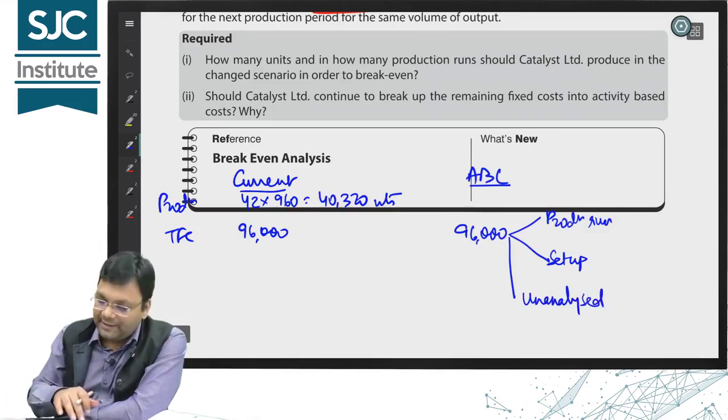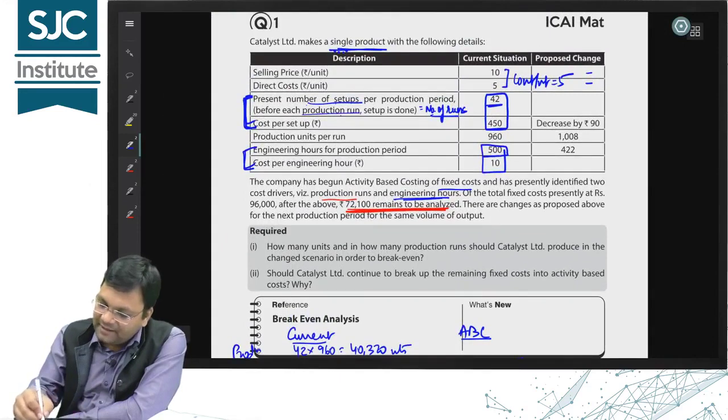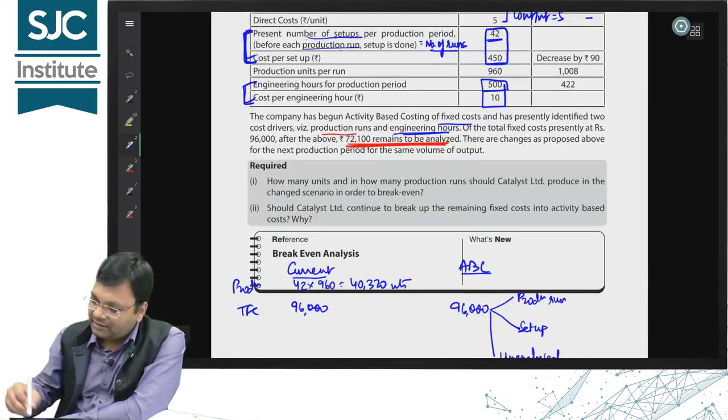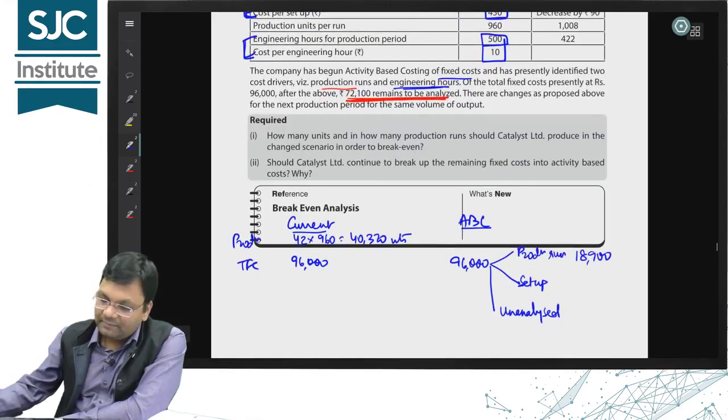We can check this: production run cost 42 into 450 is 18,900.